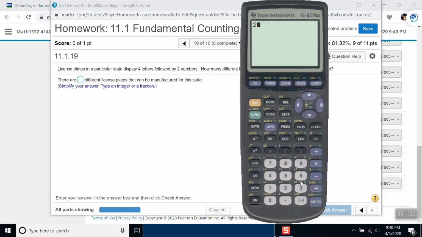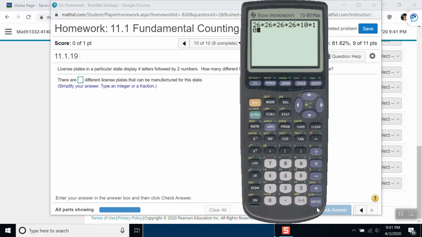So the first 4 are going to be 26 times 26 times 26 times 26. And followed by 2 numbers. It doesn't have any conditions, so it can be any number between 0 and 9. That means 10 choices. 10 times 10. From 0 to 9, there are 10 numbers. Use your fingers and you'll see that there are 10 numbers in there.